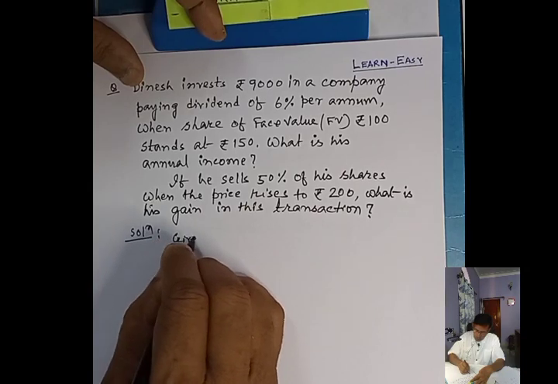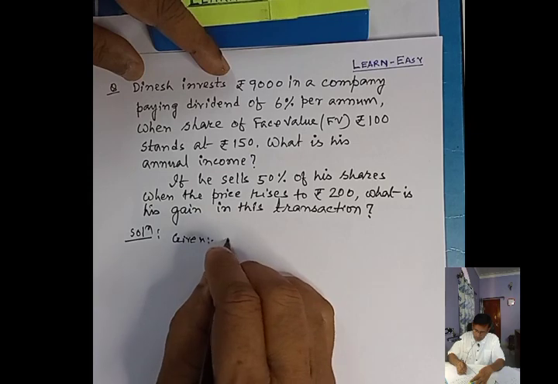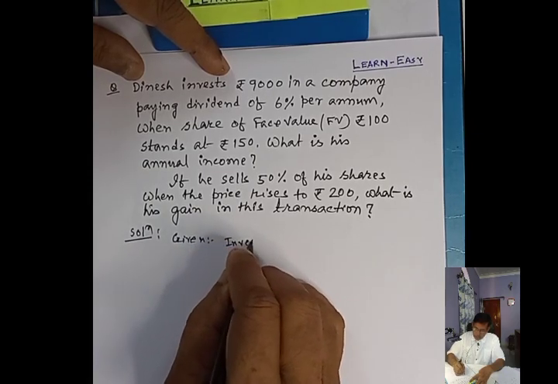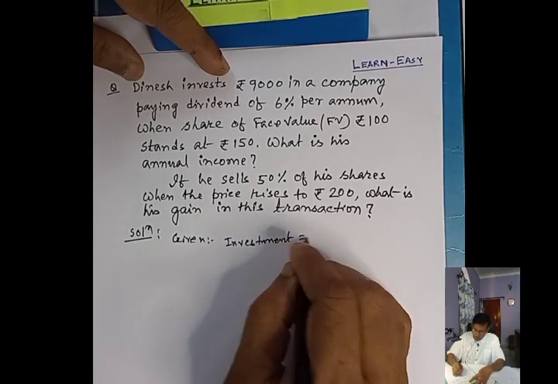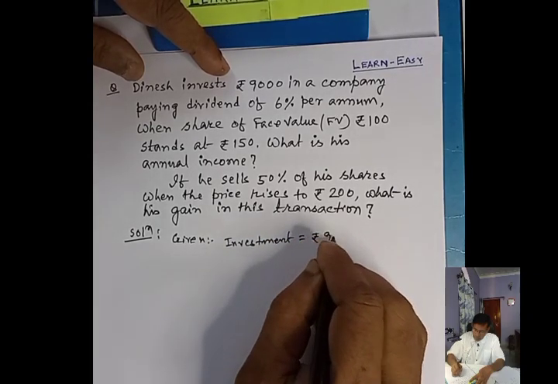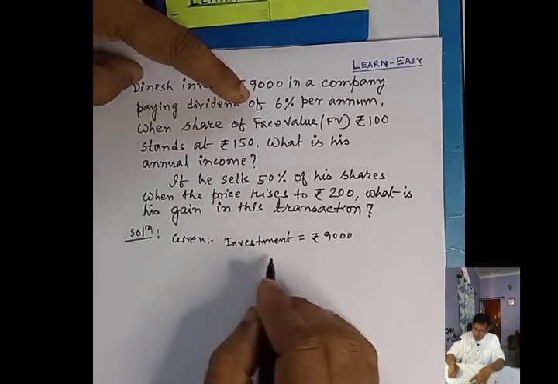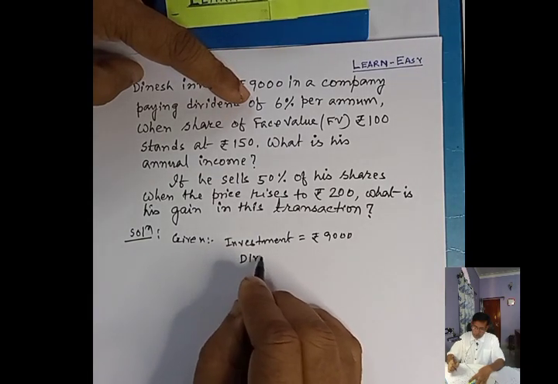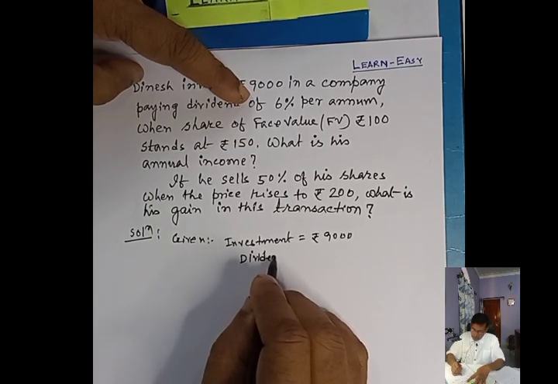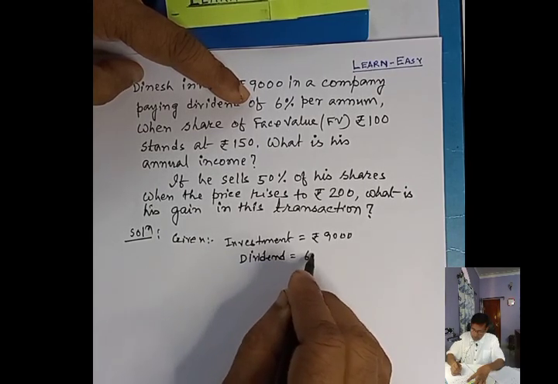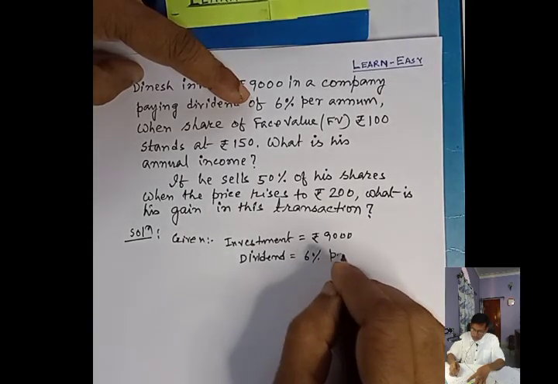Here given, investment is equal to rupees 9,000, paying dividend of 6% per annum.